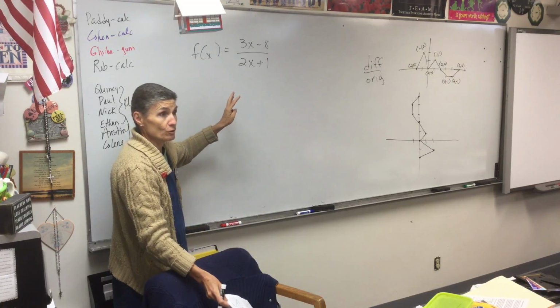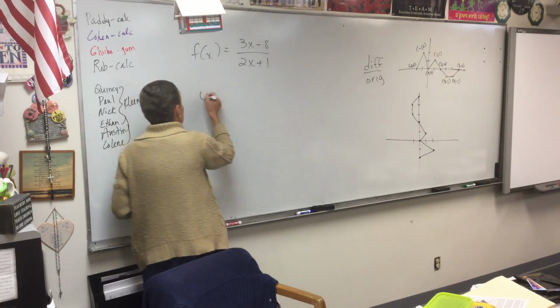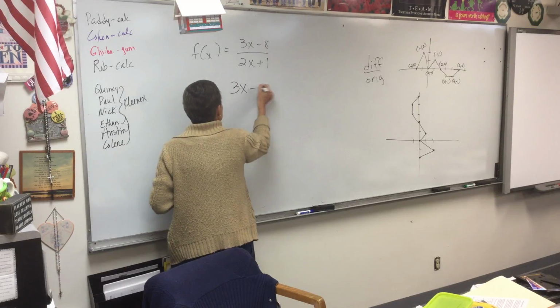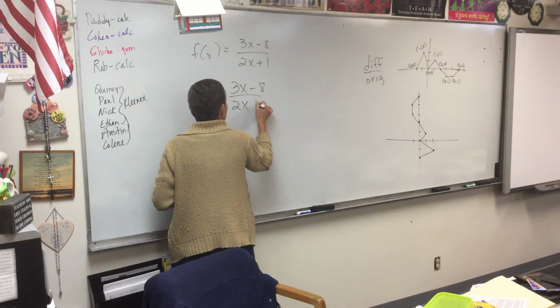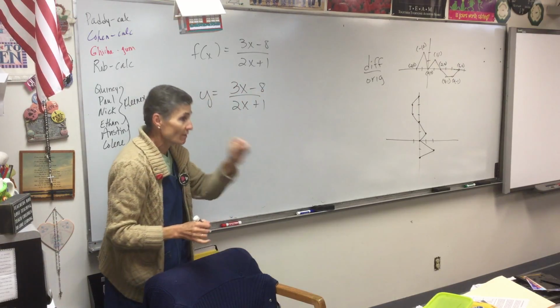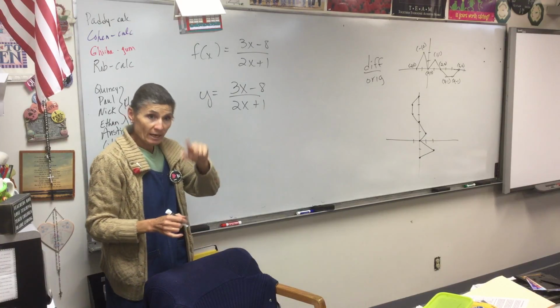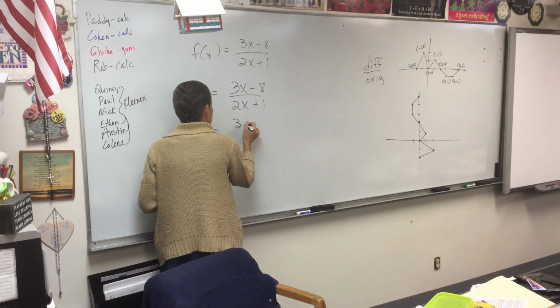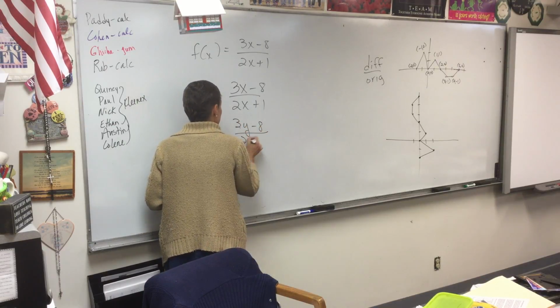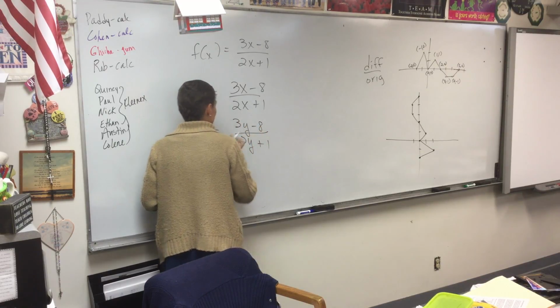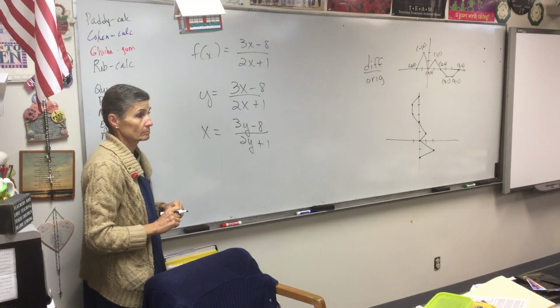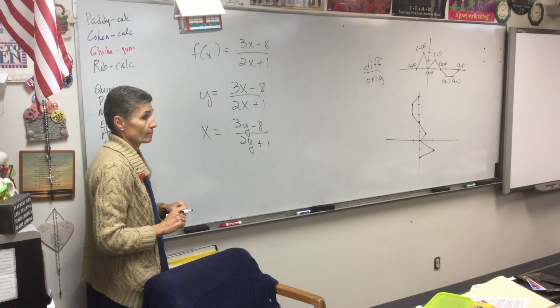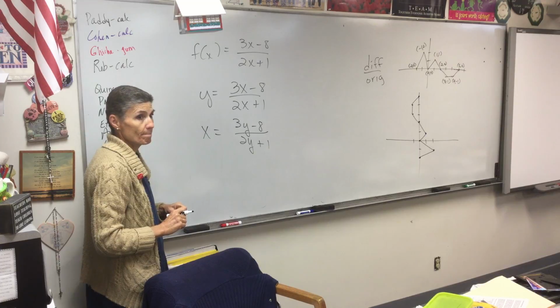What are you going to write first? Y equals. And the reason we want to get y equals in there is because what's the very next step? So we got to switch the variables. So we're going to make that an x, and these guys are going to be y's. Okay, now what?